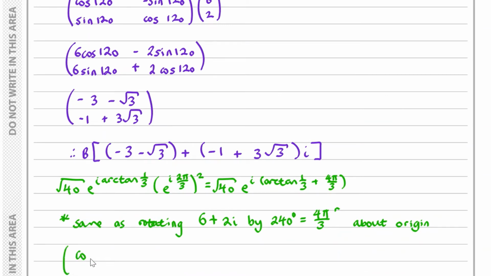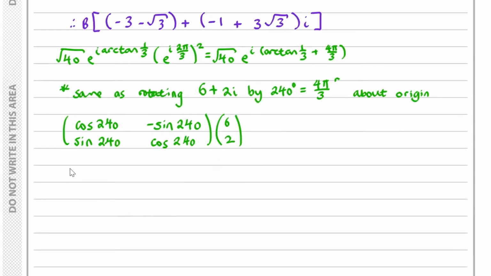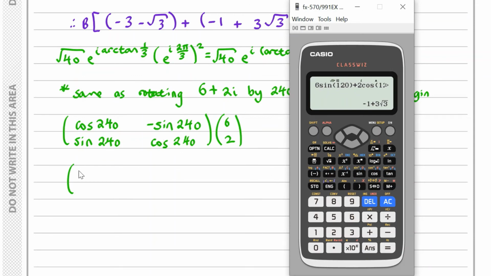So we have the cosine of 240 minus sine of 240, sine of 240, and cosine of 240 multiplied by 6, 2. So going back to our calculator, here we have 6 times the cosine of 240 minus 2 times the sine of 240.